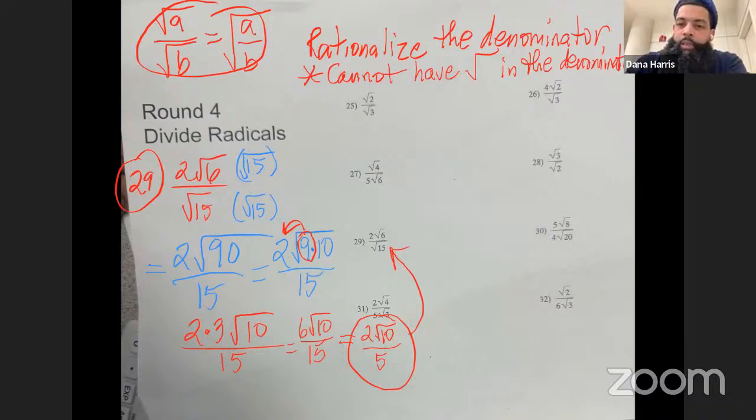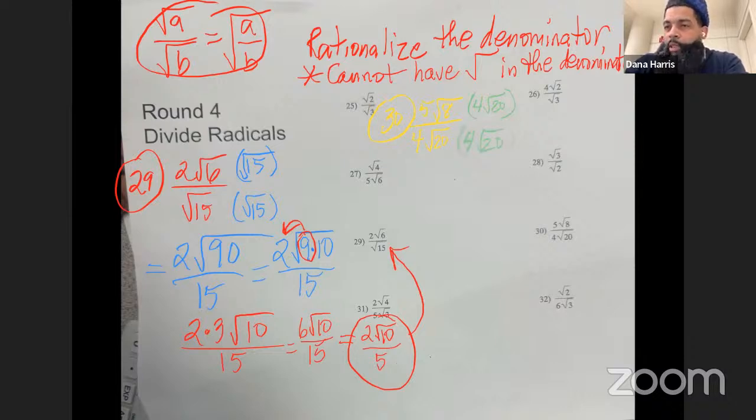30. Let's go yellow. All right, so 30, I have 5 times the square root of 8 over 4 times the square root of 20. I'm going to multiply both of these by 4 square root of 20 and 4 square root of 20 here.